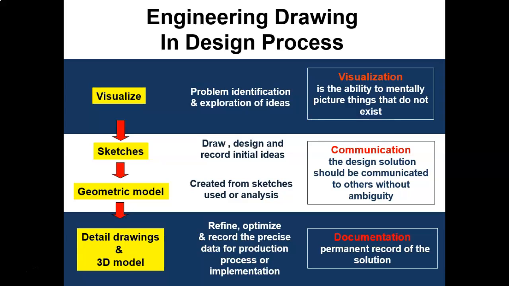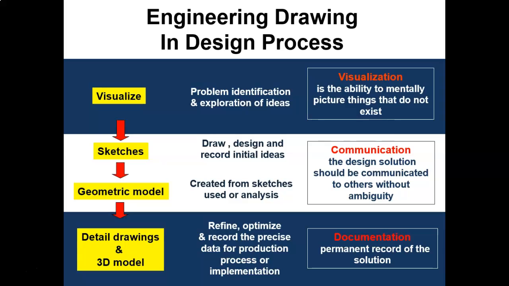Before you draw the design, as an engineer, we have to visualize what is the problem we want to tackle. You have to identify the problem and explore ideas to cope with the problem.